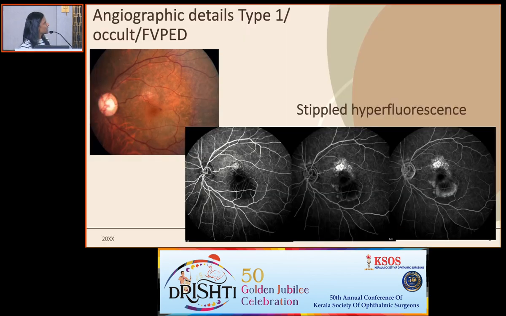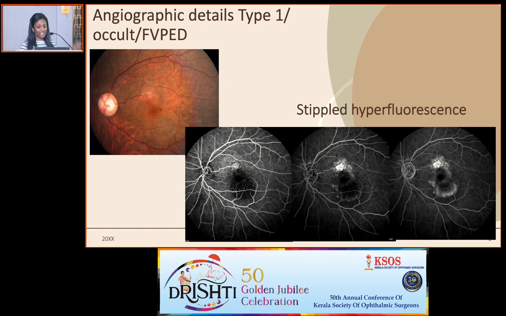So the fundus fluorescein angiography usually helps in differentiating between the type 1 and the type 2. So in the occult, as there is the sub-RPE fibrovascular PED, there will always be a stippled hyperfluorescence, the early stippled hyperfluorescence with pooling either with or without leakage during the late phase.